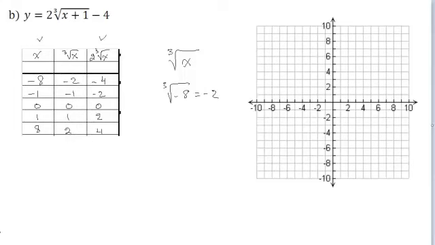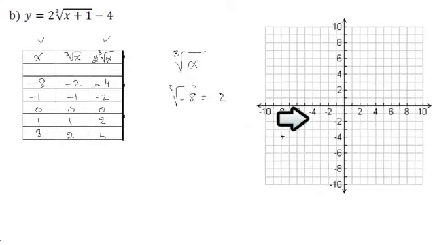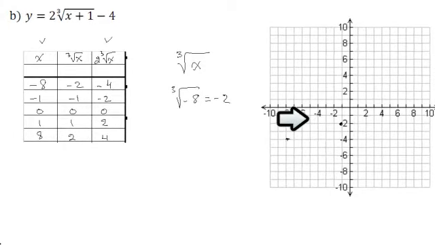We have minus 8, minus 4. That's the first point. We have minus 1, minus 2. So this would be the point. We have 0, 0. We have 1, 2. This is 1, this is 2.